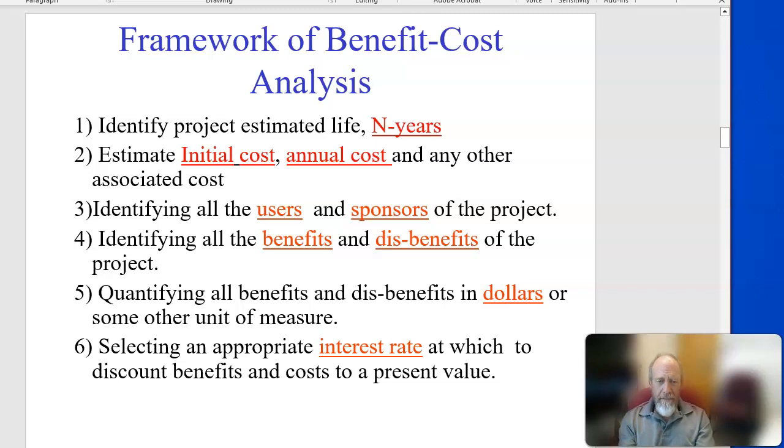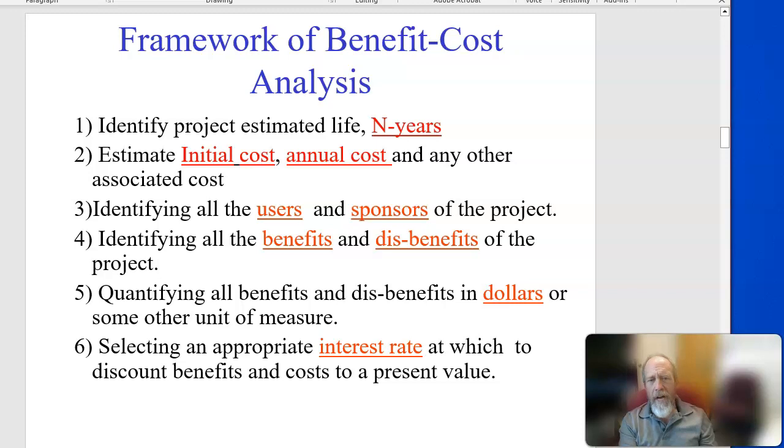Now, hopefully, you can quantify those things in dollars, because dollars is the way we typically go. And you also need to have an interest rate that we can use for discounting the benefits and costs, because we need to put everything on equal monetary footing, and they might not all occur at the same point in time. So you will need an interest rate that's associated with that.